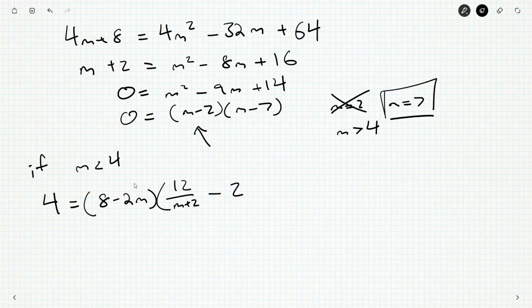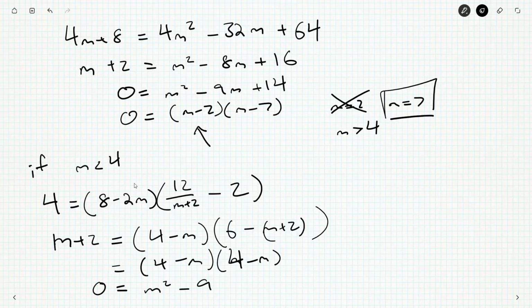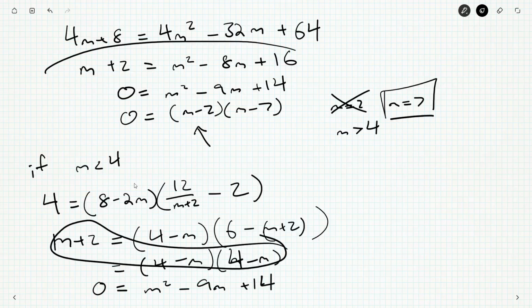So 12 over m plus 2 minus 2, so divide by 4 on both sides, and multiply by m plus 2, so we'll get m plus 2 is equal to 4 minus m, 6 minus m plus 2, 4 minus m, and yeah, we're going to get the exact same expression. M squared minus 9m plus 14. Okay, because this line is the same thing as this line. So m is 2, m is 7.